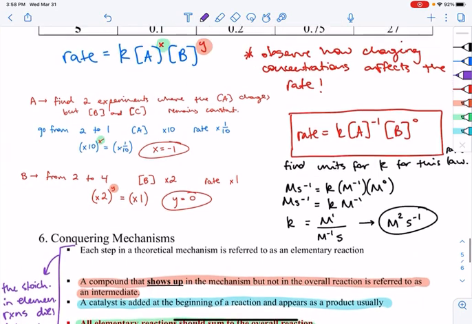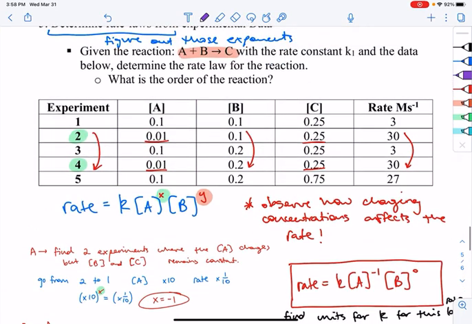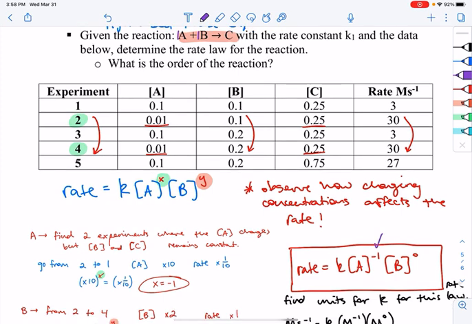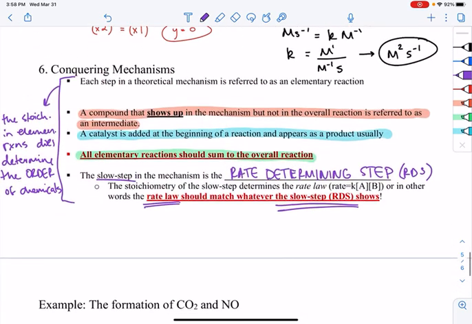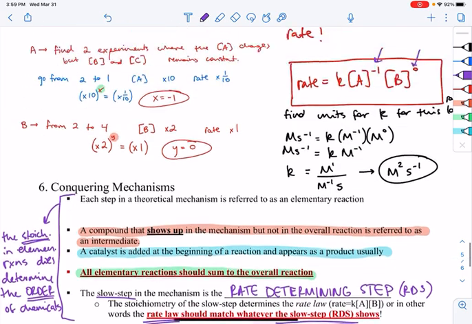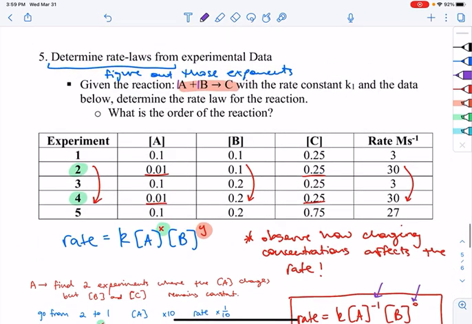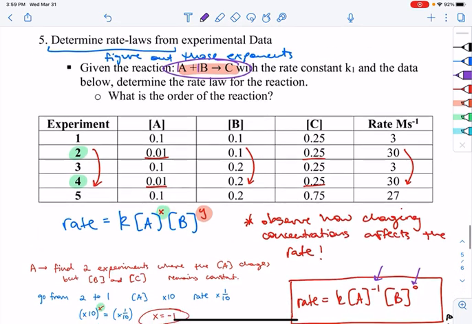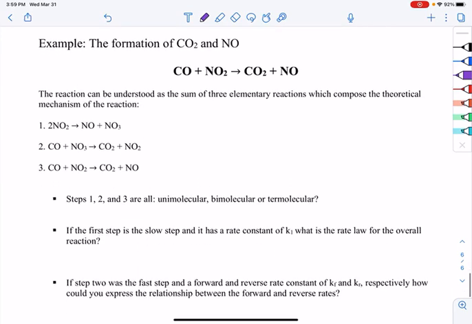Notice if we zoom back up here, you see that there's a 1 in front of the A and a 1 in front of the B, but those 1s have nothing to do with the order of these chemicals. The stoichiometry has nothing to do with it. In elementary reactions, though, the stoichiometry is the same thing as the order. So whatever the stoichiometry is, you already know what that rate law is. It's different. They're not the same. This is not an elementary reaction. It's not part of a mechanism. So let's look at that.